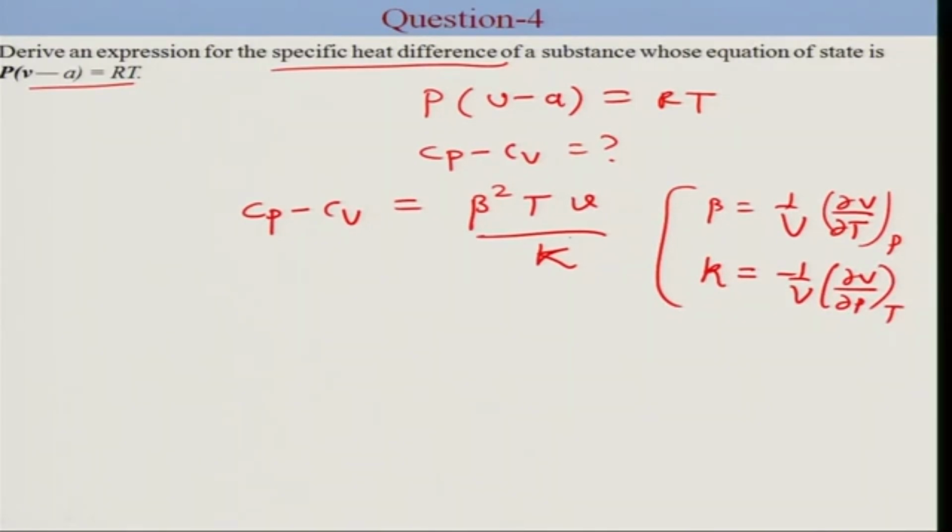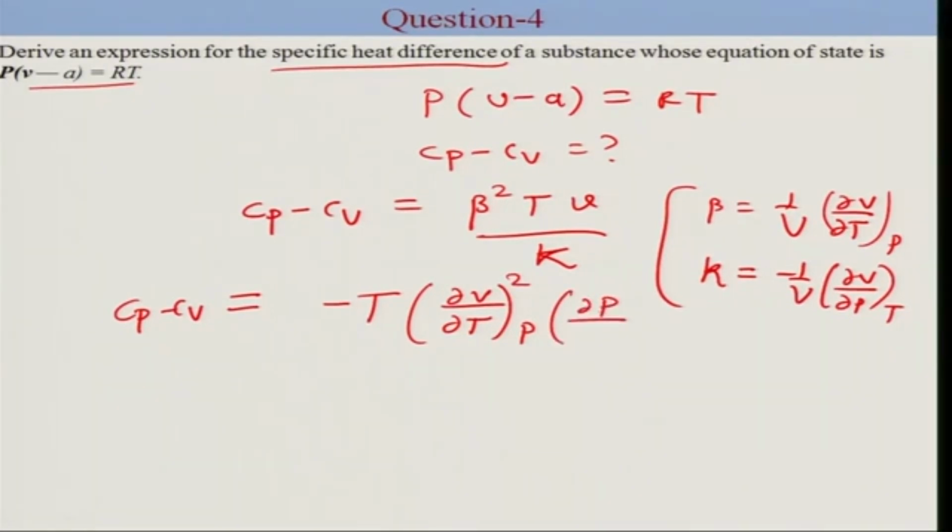So, if we insert it here, we get Cp minus Cv equal to minus T, del V upon del T at constant pressure squared, then del P upon del V at constant T. Since equation of state is given, we need to find del V by del T and del P by del V from this equation of state.